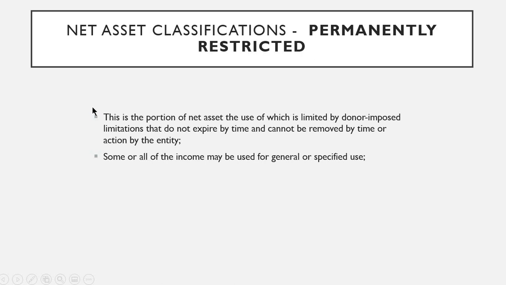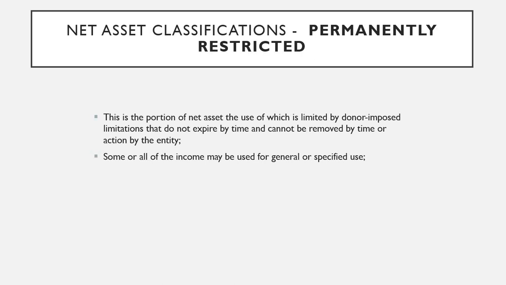So upon the contribution of the contributor of a particular resource to the NPO, if the donor says that the contribution from me should be kept intact, it should be kept intact as long as the entity exists. So it should really stay intact. If it is permanently restricted, it will not be transferred to the other two classifications of the net asset.